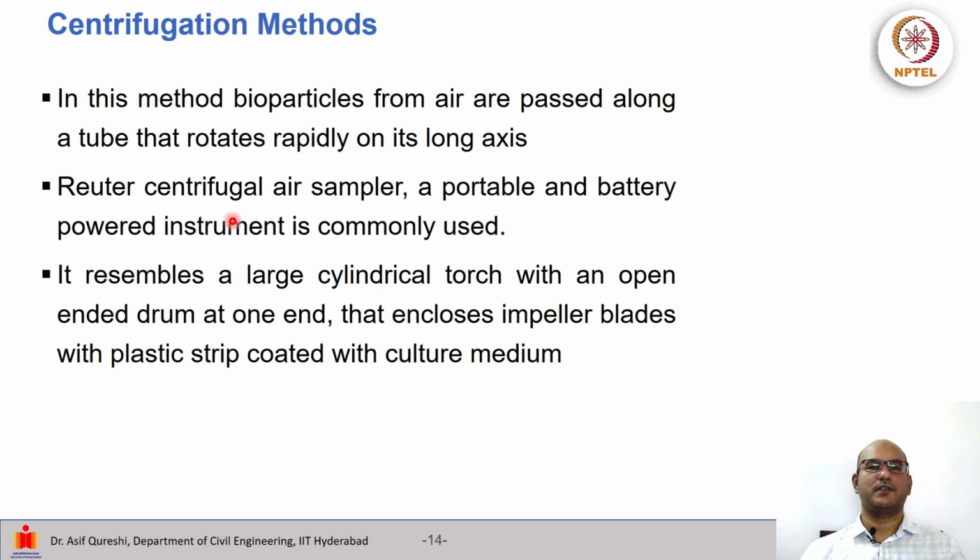This portable rotor centrifugal sampler could resemble a large cylindrical torch with an open-ended drum at one end that has impeller blades with plastic strips coated with the culture medium. So when the centrifugation is happening, the bacteria or the microbes may attach to the culture medium.